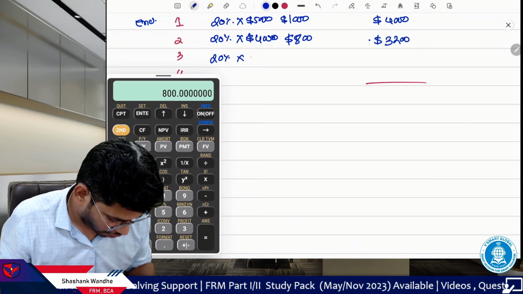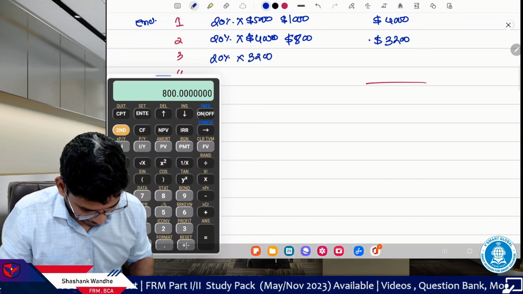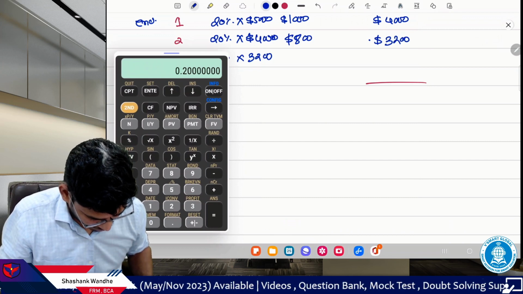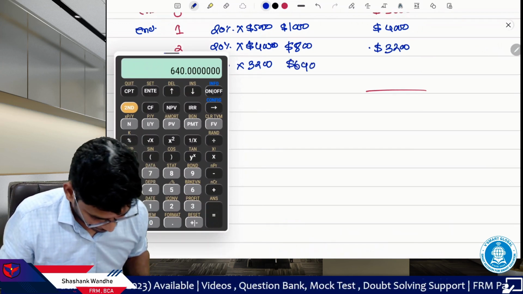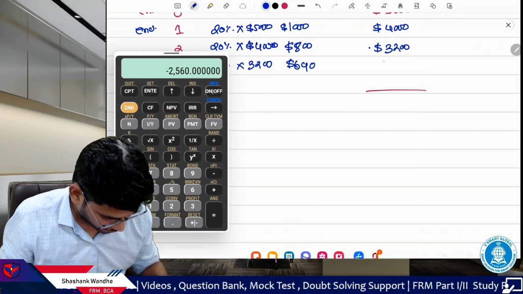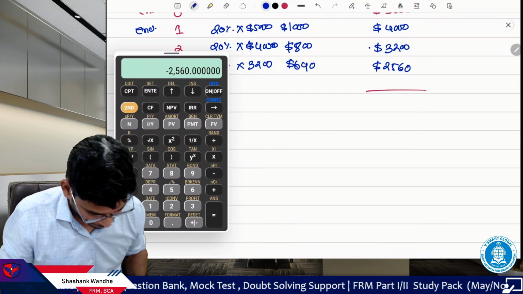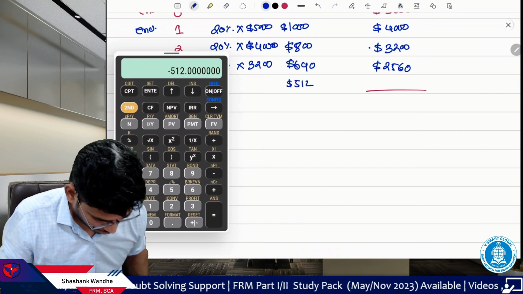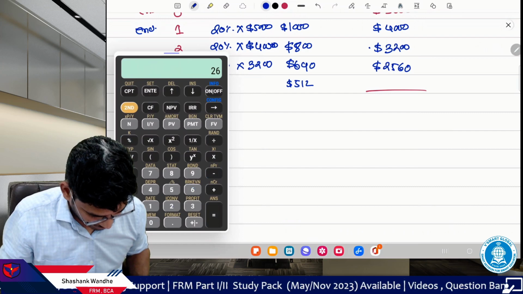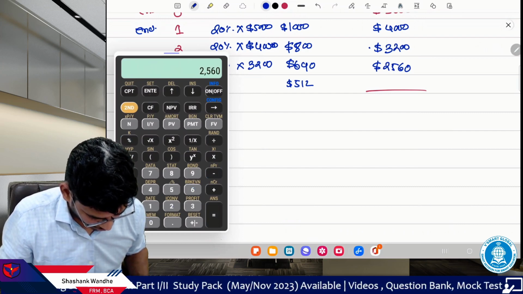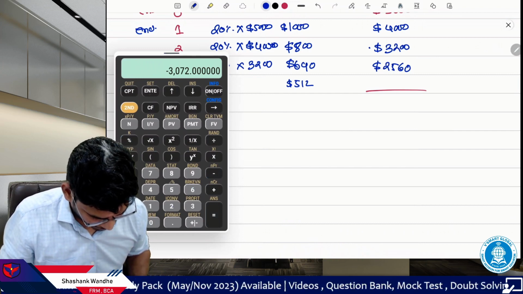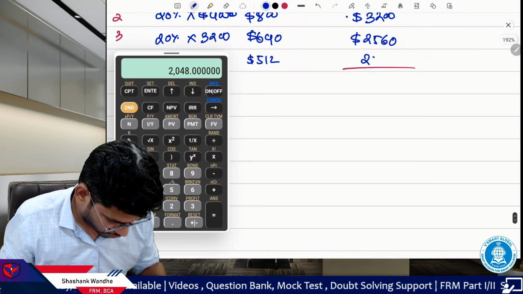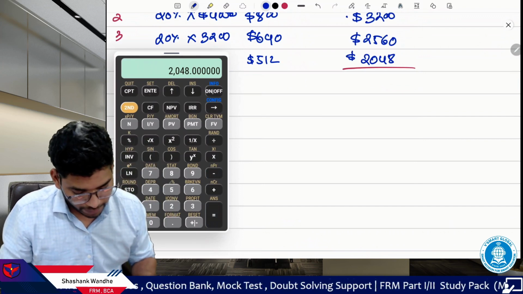Then again 20% on 3,200. 3,200 multiplied by 20% is equal to $640. 3,200 minus 640, net asset is 2,560, multiplied by 20% is 512. 2,560 minus 512 is 2,048.